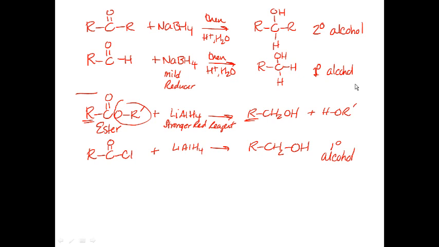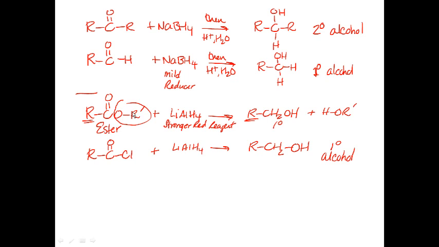So esters are a little bit weird in that you end up splitting the molecule apart and forming the primary alcohol, and then whatever the RO group was that was attached to the ester to begin with.